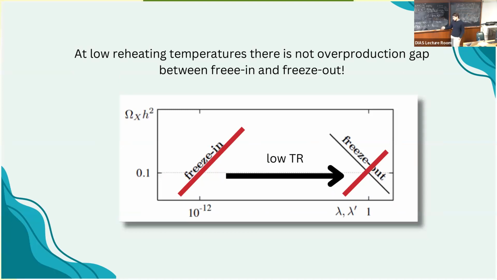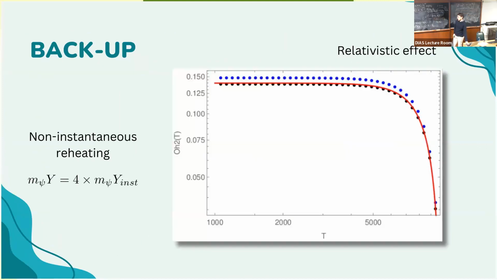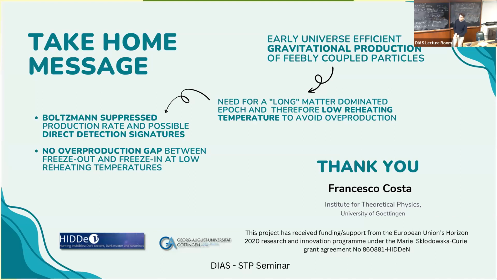Before I was showing you this plot where we have the relic density here, and we have very well separated freeze-in and freeze-out. But when we have low reheating temperature and the parameter space that I discussed, we can push this line to values that are around order 1, and then we can move continuously between freeze-out and freeze-in, closing this overproduction gap. And yeah, that's it.